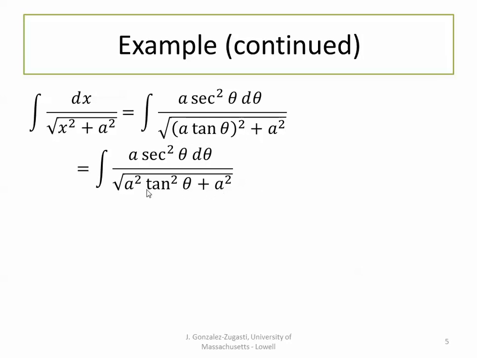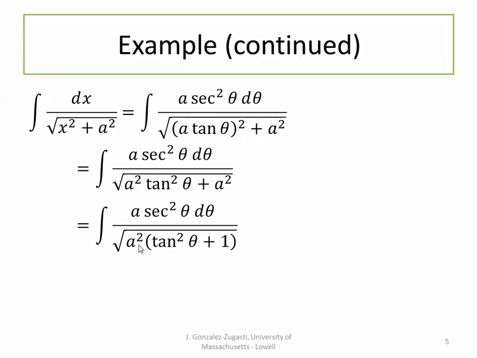We now see under the radical, I can factor out an a squared. Once I've done that, I have a squared times tangent squared theta plus 1 right here. Well, tangent squared theta plus 1 is equal to secant squared theta.